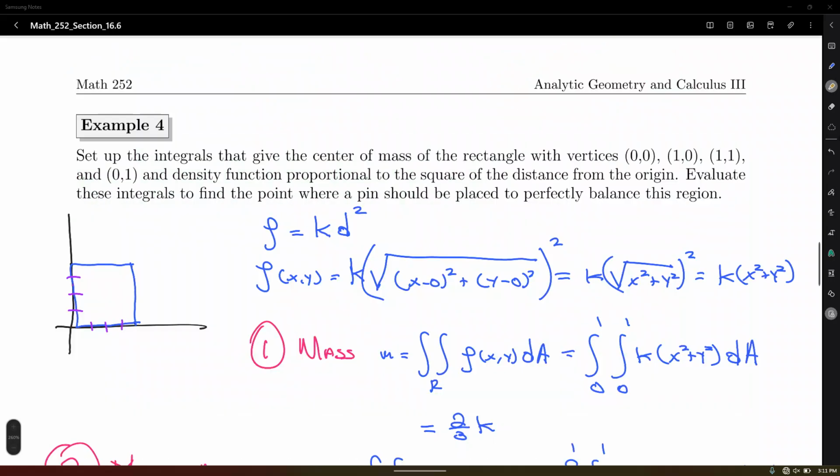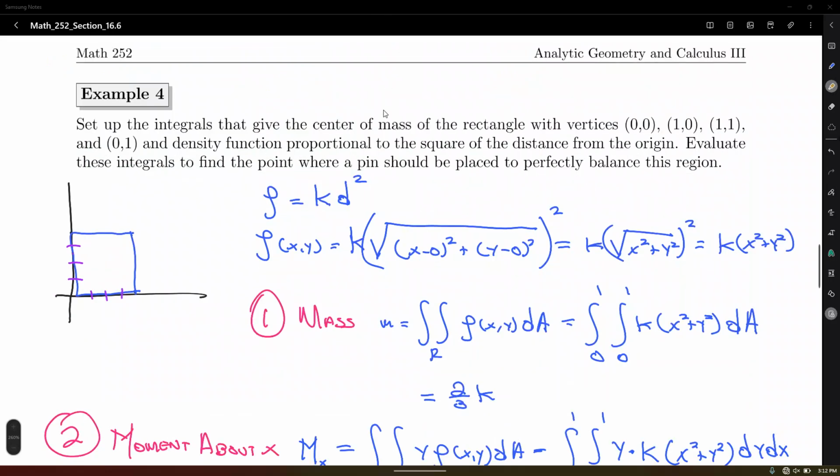All right. And again, I already have the problem written down for you. Let me explain how we set up the problems to make this a shorter video. So here, what are we going to do? Set up the integrals that give the center of mass of the rectangle with vertices at the origin, 1, 0, 1, 1, and 0, 1, which is our region plotted to the left of the screen.